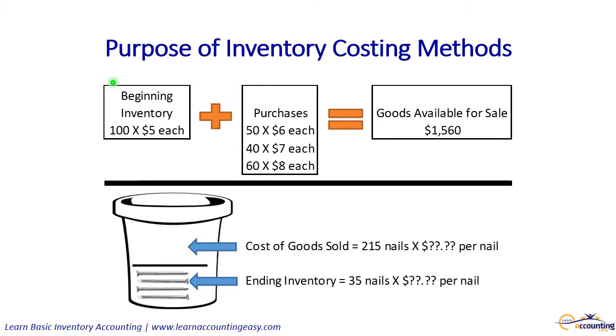And then if we add together the beginning inventory with all the purchases we made throughout the year, we have something that we can call goods available for sale. And the total dollar amount here is $15.60. Now, imagine that all of these nails we just dumped in this bucket here, and that throughout the year, customers came by and they purchased some of these nails from us.